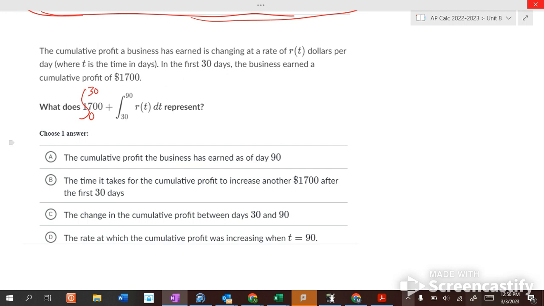So totaled together, that's the integral from 0 to 90. If we integrate 0 to 90, that would be how much they've earned as of day 90, because the other ones don't make sense.